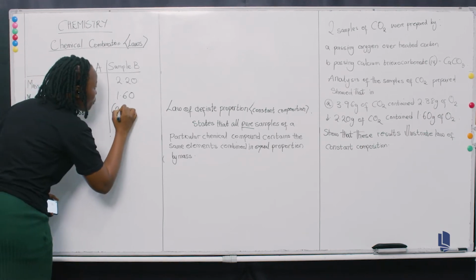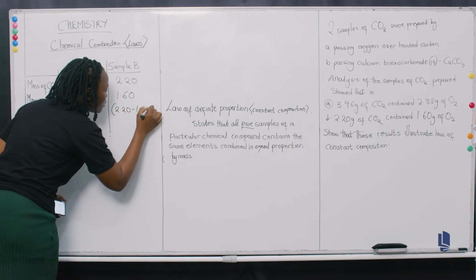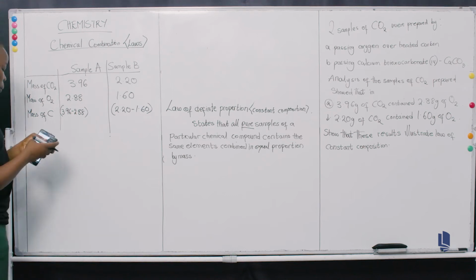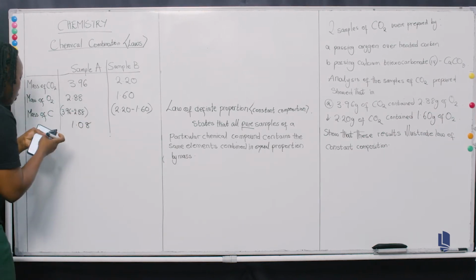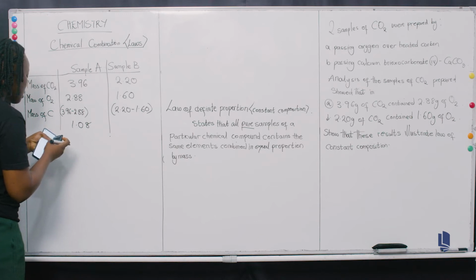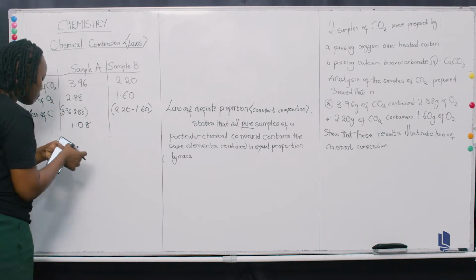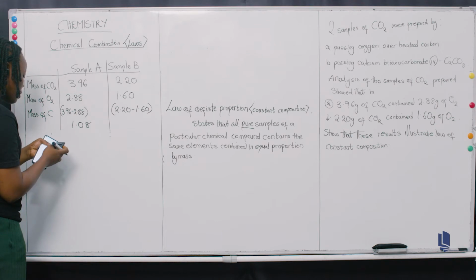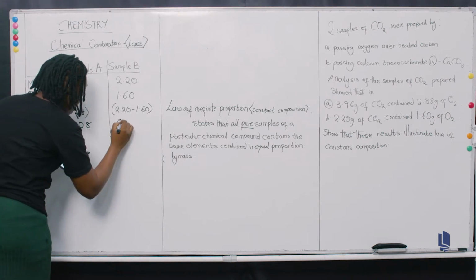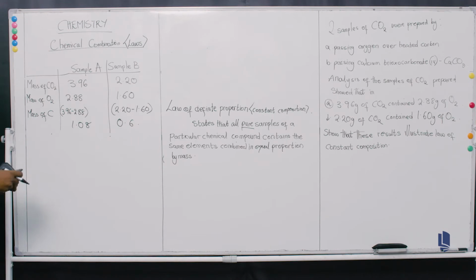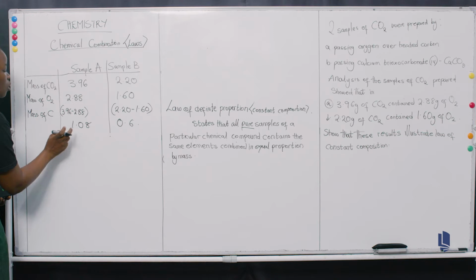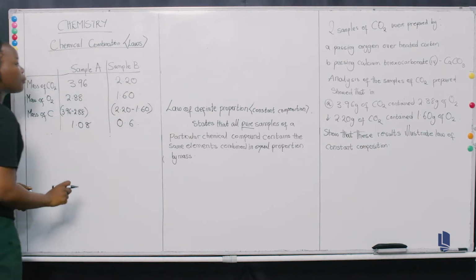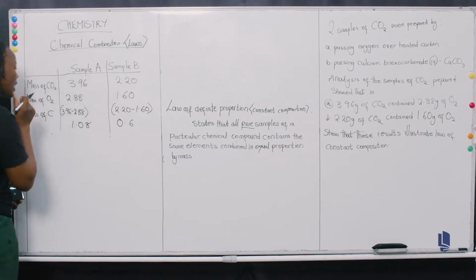Here it would be 2.20 minus 1.60. So 3.96 minus 2.88 is 1.08. 2.2 minus 1.6 is 0.6. So for sample A, mass of O2 is 2.88, mass of carbon is 1.08; sample B, 1.6 and 0.6.